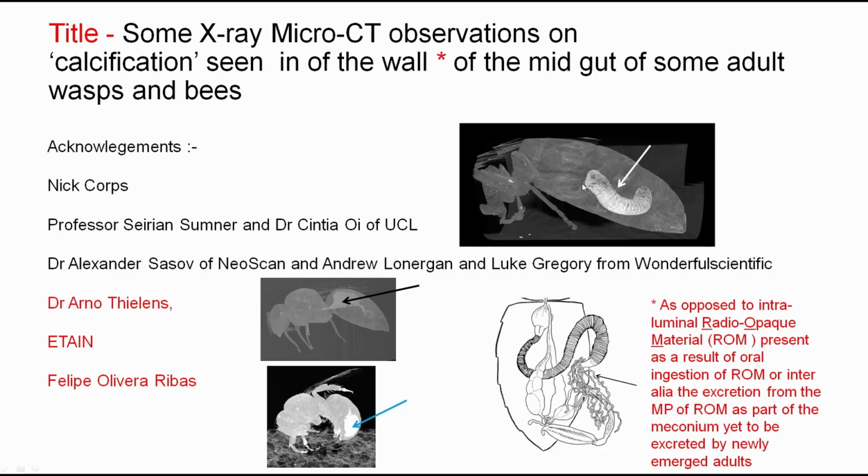We were very anxious that we should confine looking at the calcification in the midgut and not radio-opaque intraluminal material, which was presumably due to the wasp or bee or ant ingesting the material, or in newly emerged adults material that had been excreted from the Malpighian tubules into the hindgut as part of the meconium, but had not yet been passed.